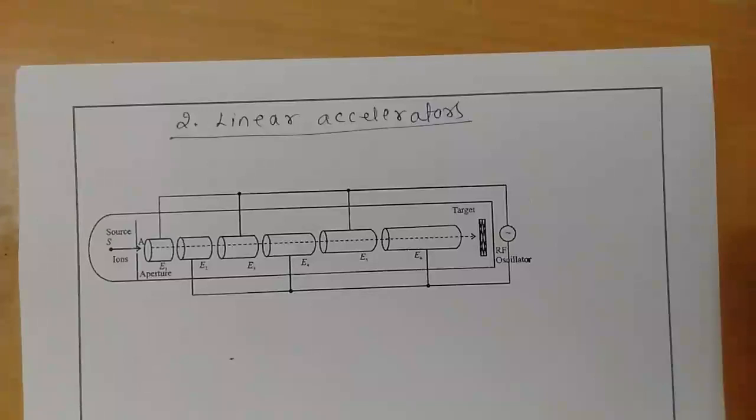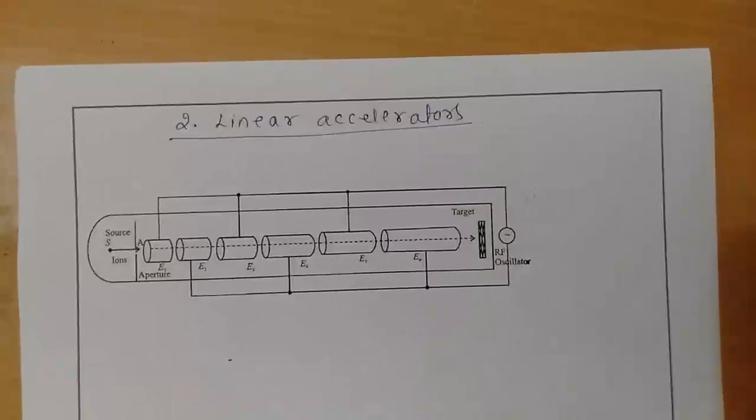Depending upon the path followed by the charged particles in the accelerator, we divide accelerators into basically two types: the cyclic accelerator and the linear accelerator. An example of a cyclic accelerator is the cyclotron. We had seen that the path of the charged particle, that is the positive ion, was a circular path. Here we are studying the linear accelerator, where the path of the charged particles will be a straight line.